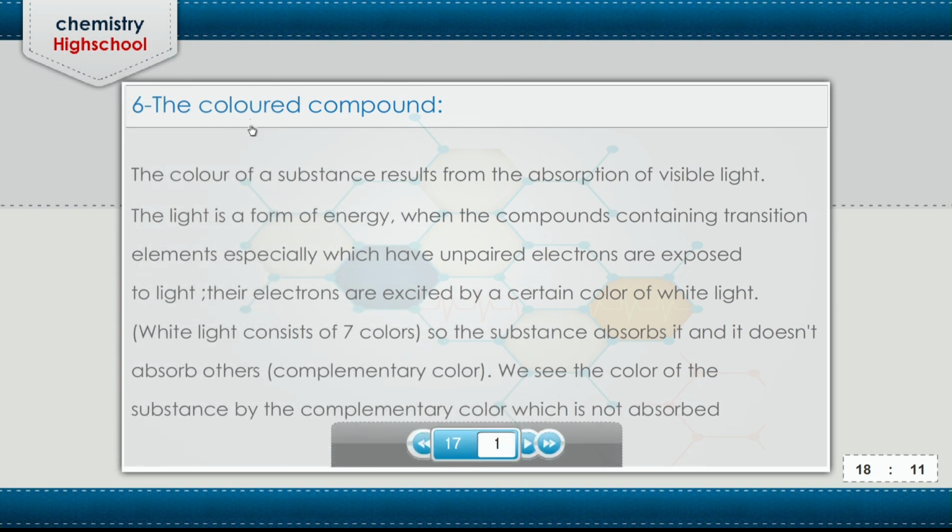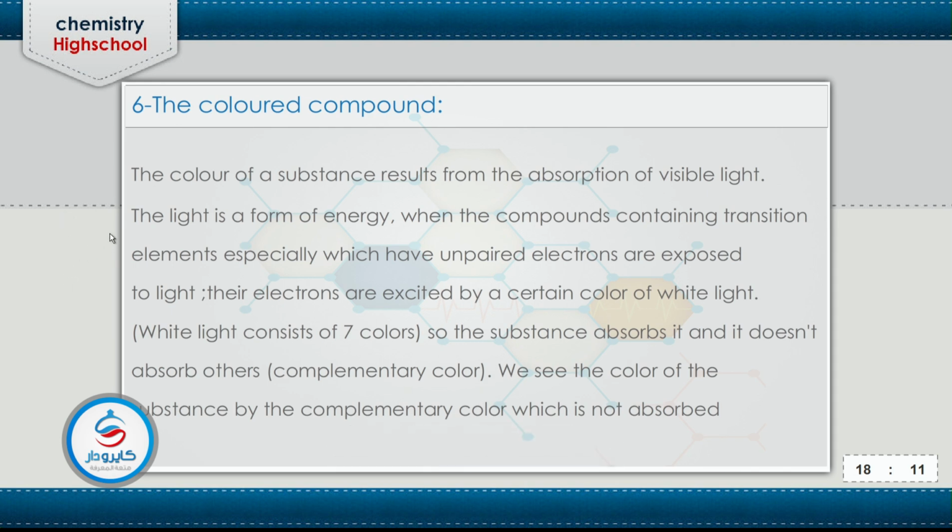Now we'll study the property of colored compounds. We will study the meaning of color, and why we see a substance as colored. The color of a substance results from the absorption of visible light.